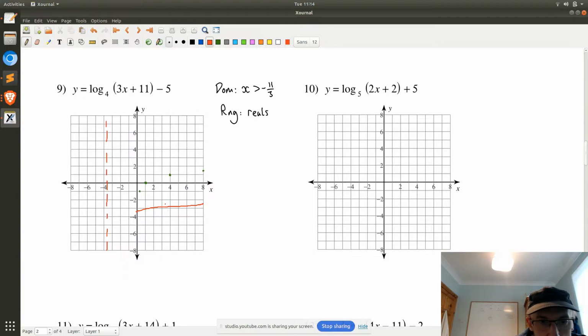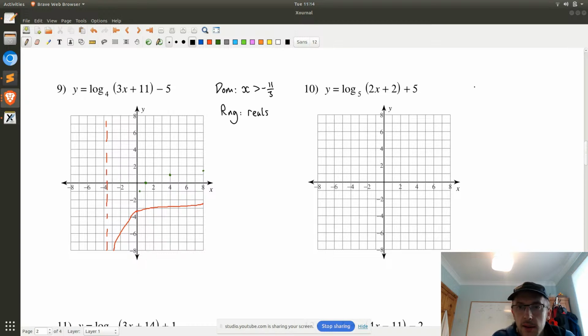So if I do that, and I do that, it's okay. Yeah, it's all right. Just learning how to graph properly. Okay, so the domain of this.